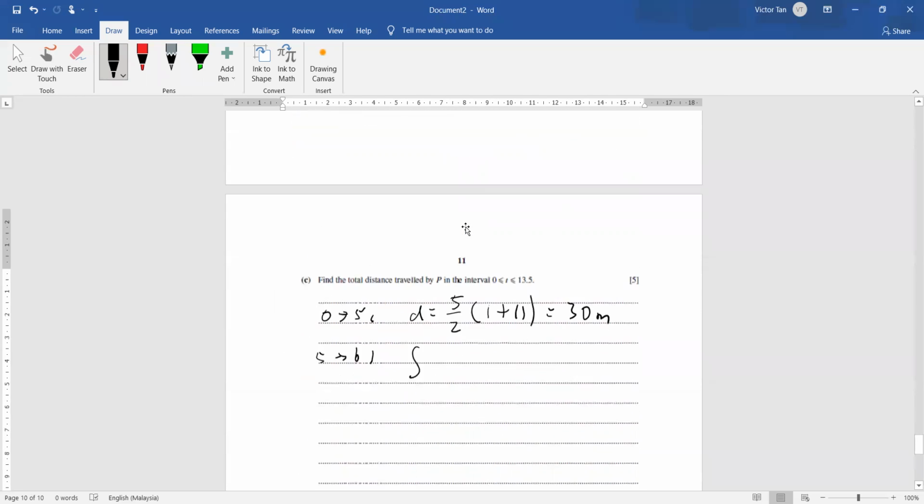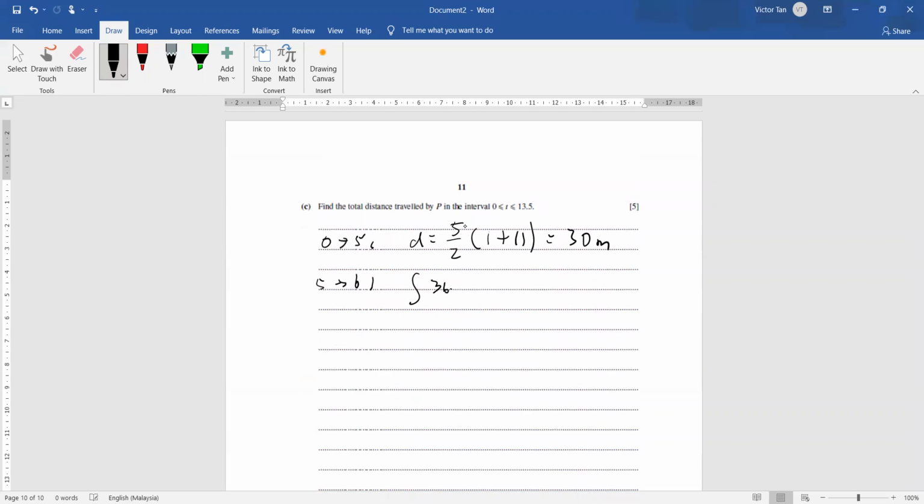It is 36 minus t square, from 5 to 6. So this is 36t minus t cubed over 3. So this is 216 minus 216 over 3, minus 180 plus 125 over 3.